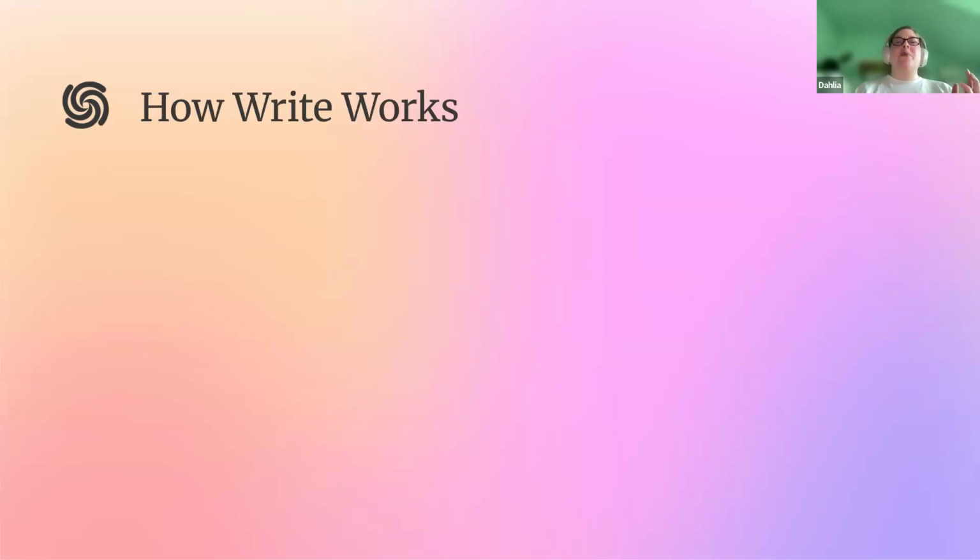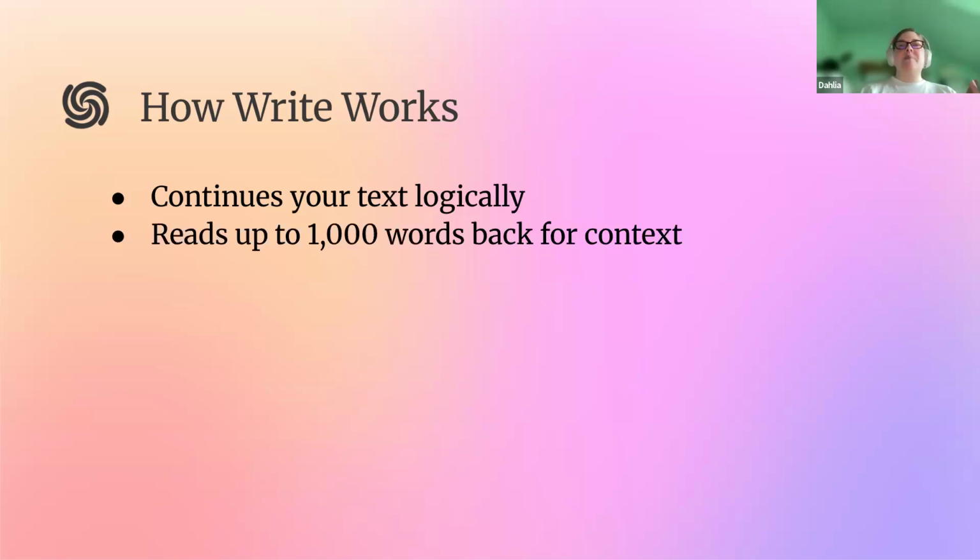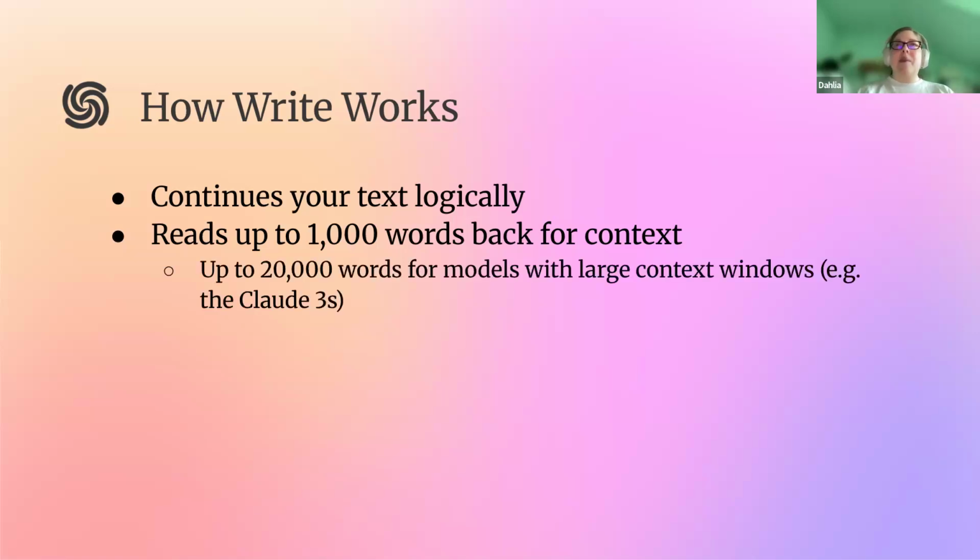Essentially, write works by reading the text before the cursor and continuing it logically while considering your prompt, instructions, and, if activated, your story Bible. Write has a readback window of 1,000 words. In some models with large context windows like the Claude 3s, write can read up to 20,000 words back.